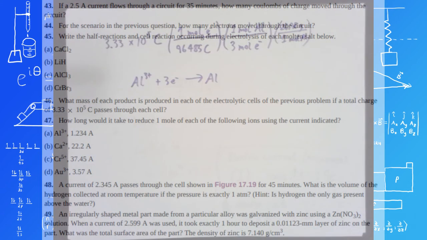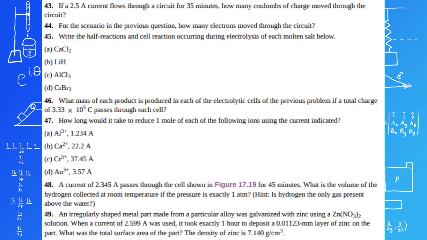I think the next problem might involve that. How long would it take to reduce 1 mole of each of the following ions using the current indicated? Well, I already did aluminum, so let's pass on it.